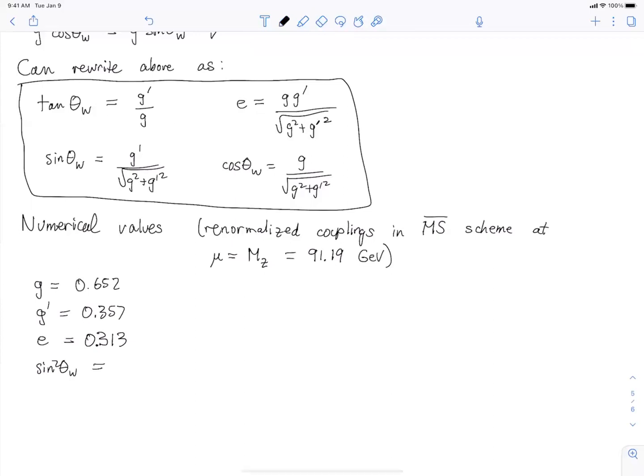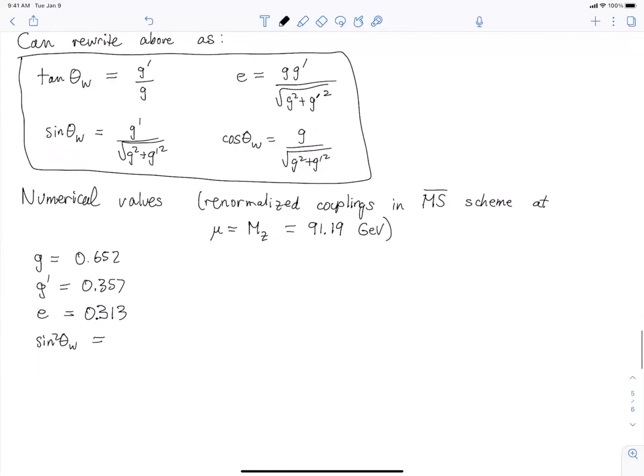For some reason, it's traditional to write it as sine squared theta weak rather than theta weak. It's about 0.231. Okay, and so one thing you learn from this is that SU2 left is stronger than the U1 weak hypercharge.